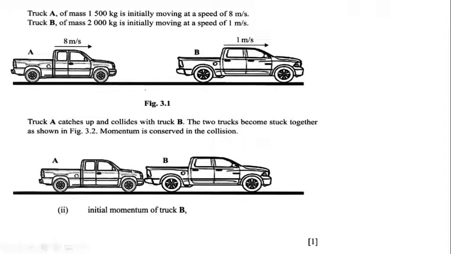Initial momentum of truck B, now we want to find. I had an extra slide in there. All right, initial momentum of truck B. Well, that's just the mass of truck B multiplied by the initial speed of truck B, which is 2,000 times, easy peasy, 1 meter per second.